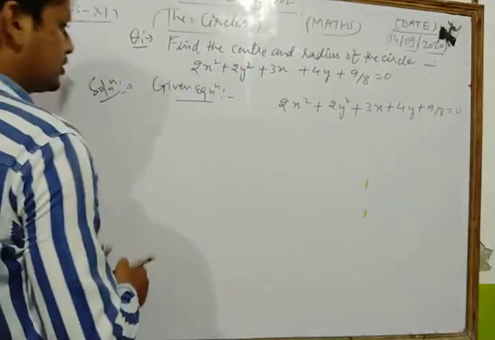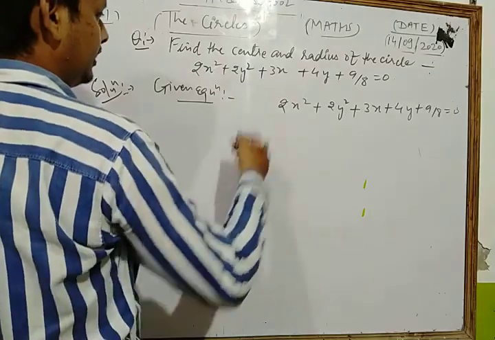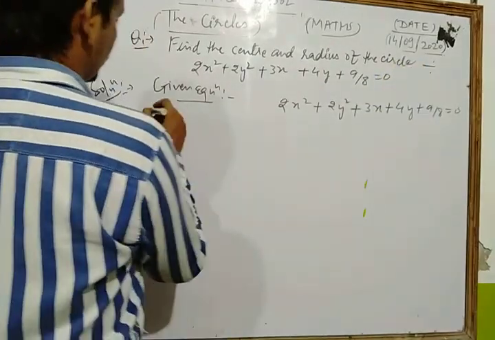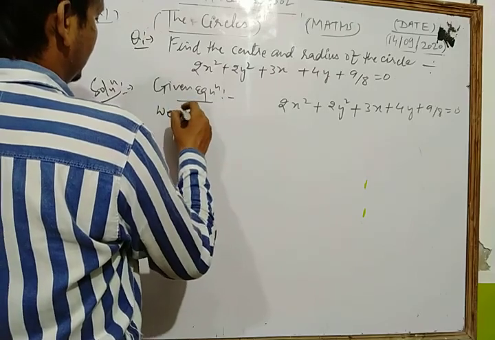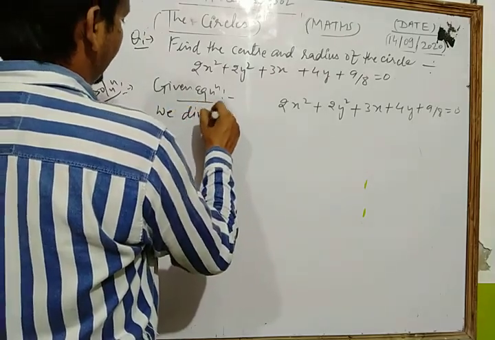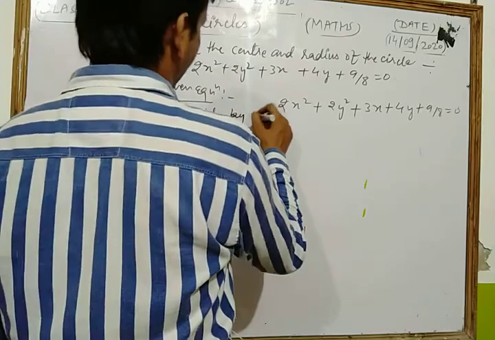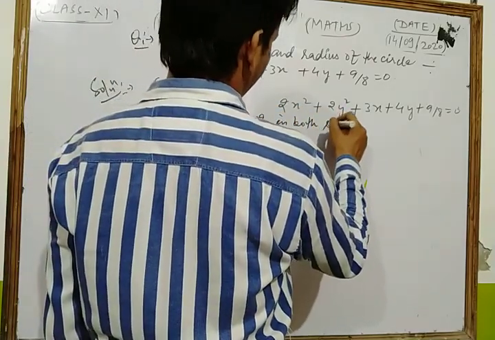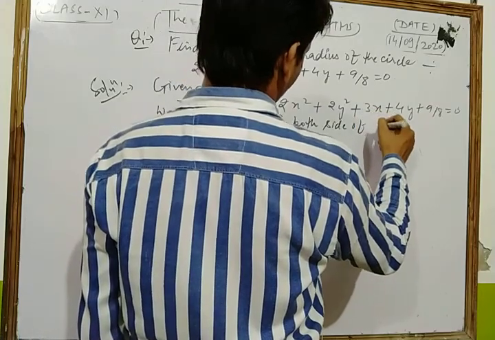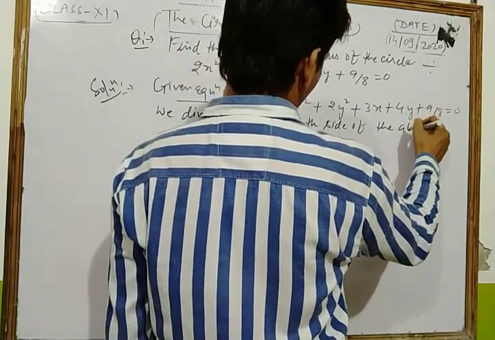Now look, first we divide the whole equation by 2 on both sides of the above equation.